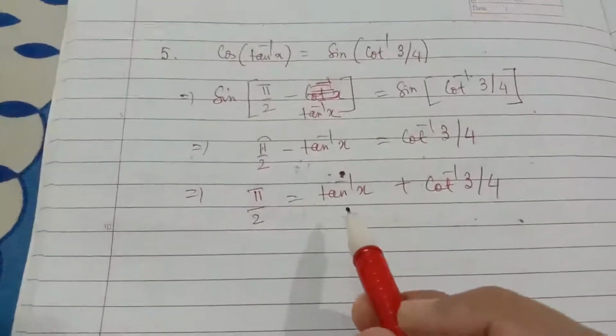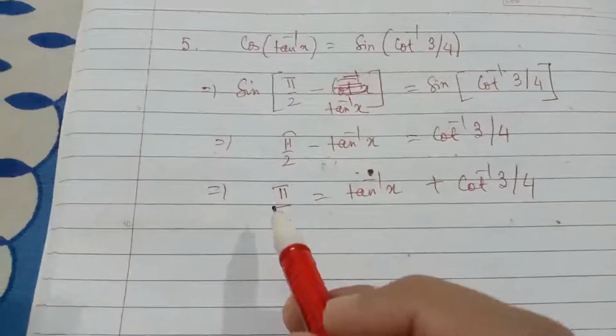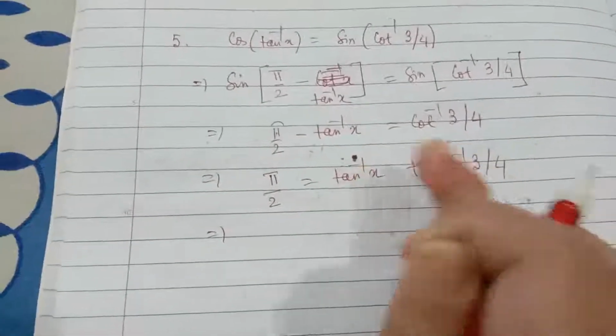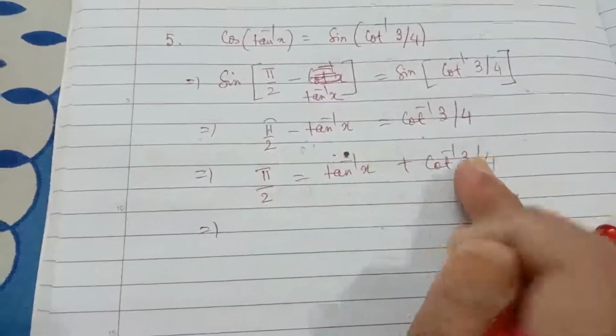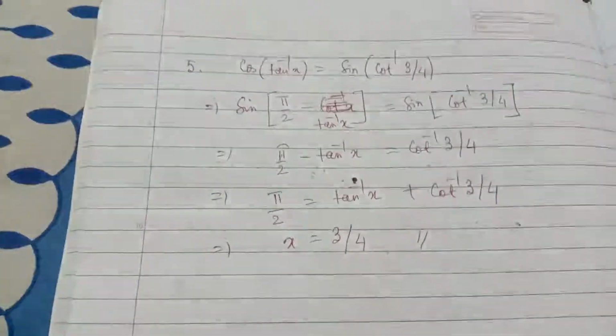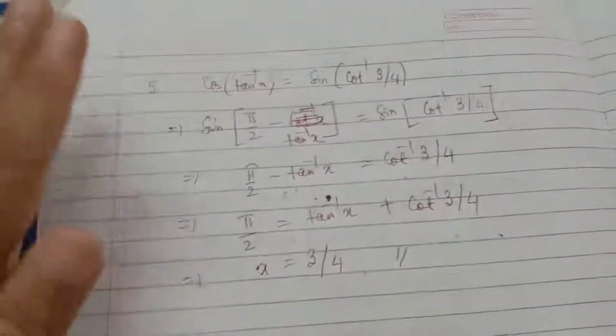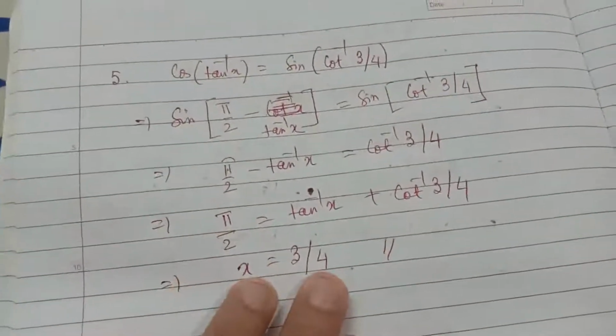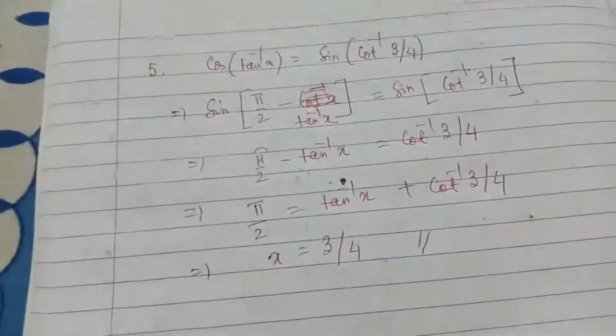Now we know tan inverse of x plus cot inverse of x equal to pi by 2. So as our answer is pi by 2, these two must be equal. So x equal to 3 by 4 is the answer. If you proceed in this way, in two or three lines, you'll get the answer.